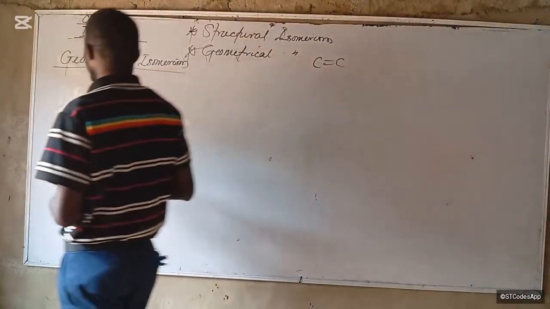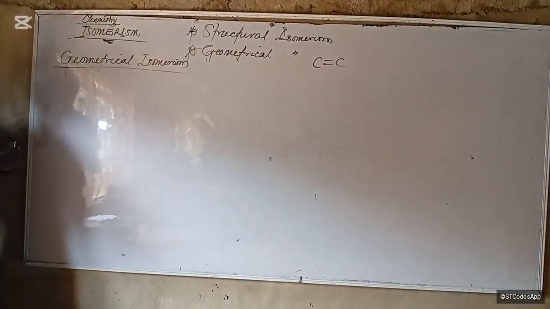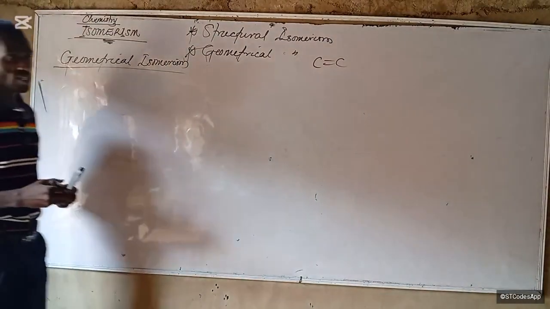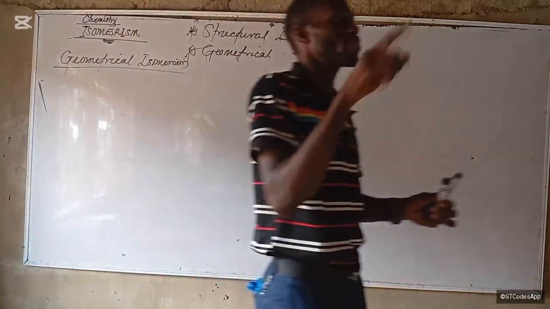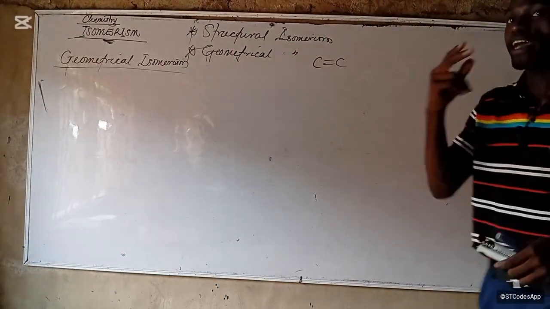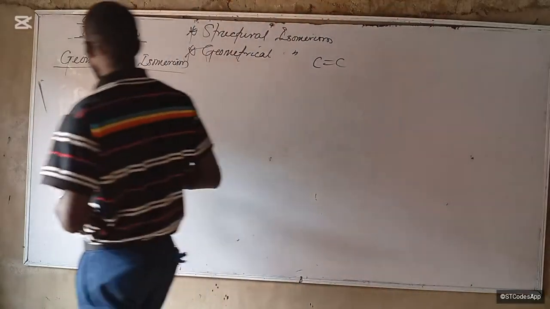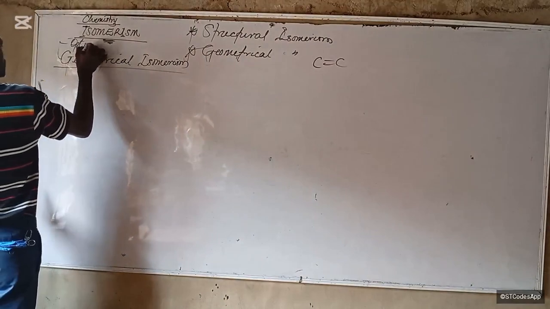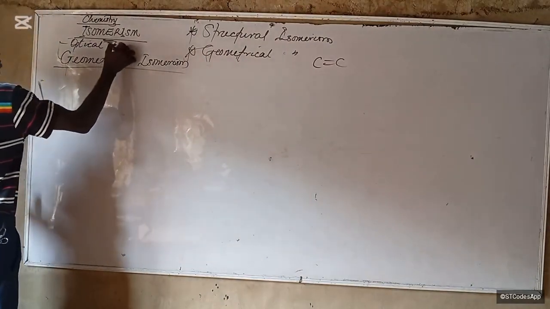Now there are two types of geometric isomerism. We have the cis. The name is not even geometric isomerism. The name is stereoisomerism. Do you understand? So stereoisomerism is split into two: geometrical and optical. Is that okay? Optical isomerism.